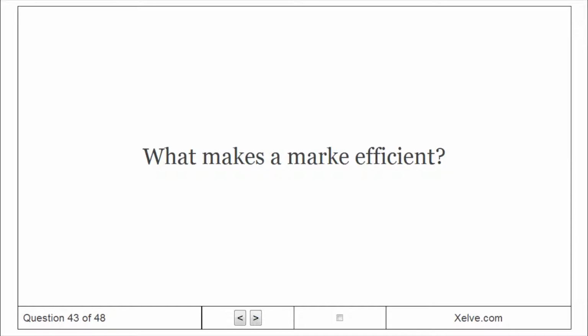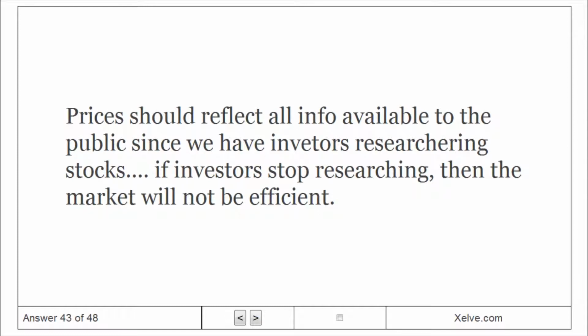What makes a market efficient? Prices should reflect all info available to the public since we have investors researching stocks. If investors stop researching, then the market will not be efficient.